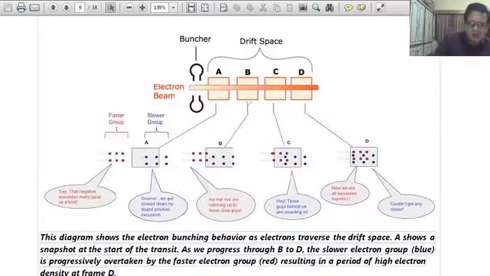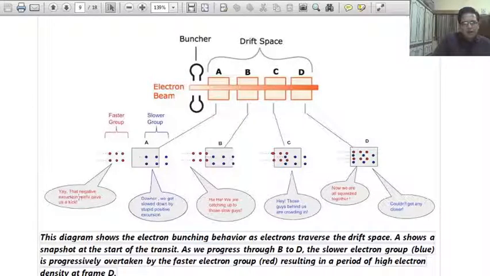You just see the electron beam, the buncher cavity, and the electron beams traveling. A, B, C, D are 4 points in space, which explain what is happening there. Initially, the faster group.